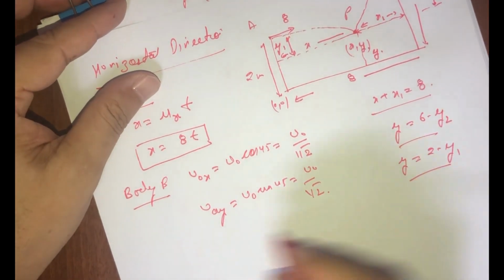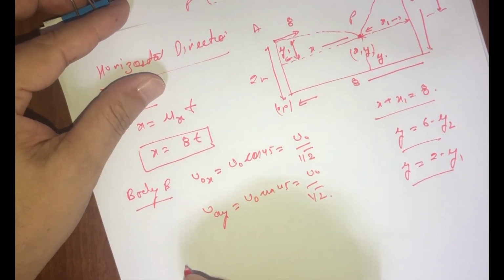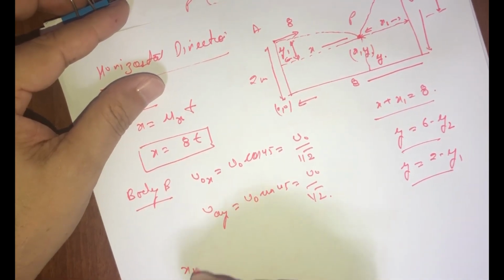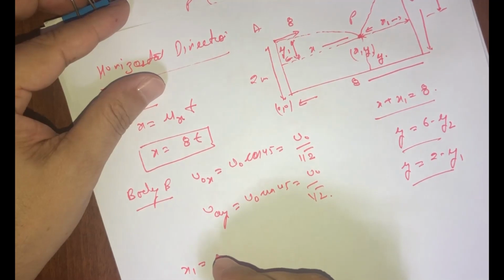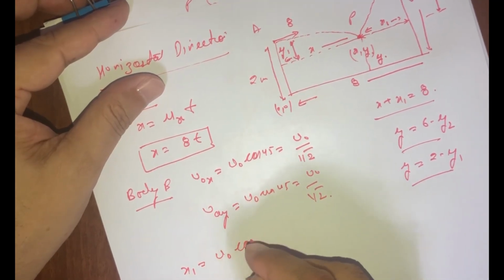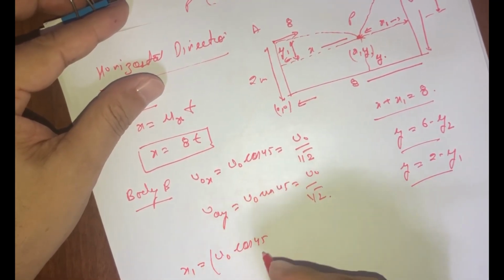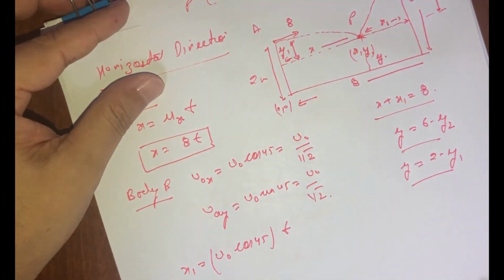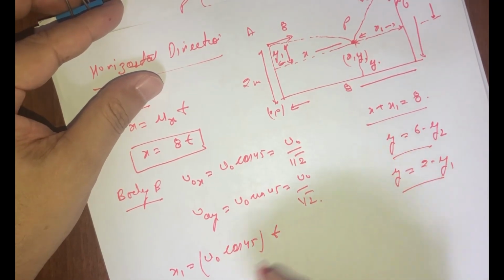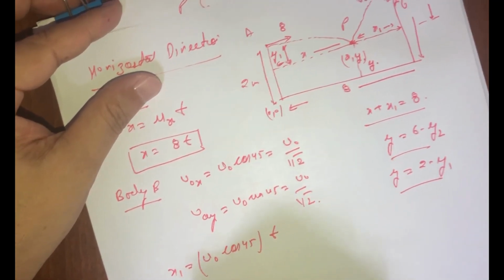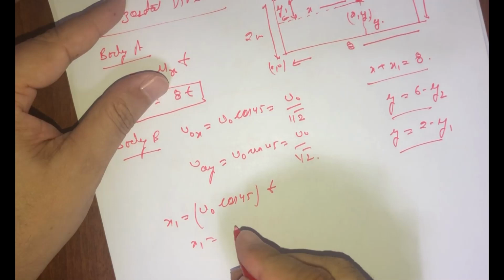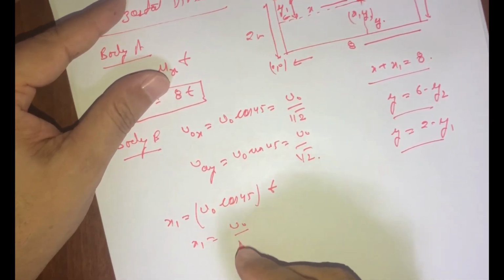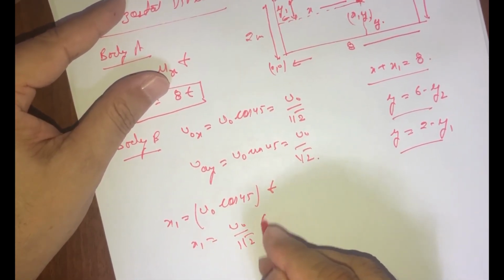For body B, the distance x1 can be written as v0 cos 45 multiplied by time t. So x1 will be equal to v0 divided by square root 2 multiplied by time t.